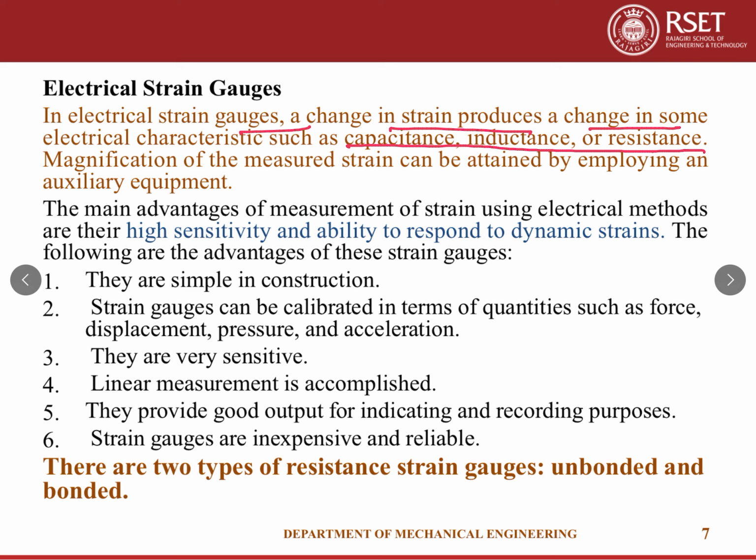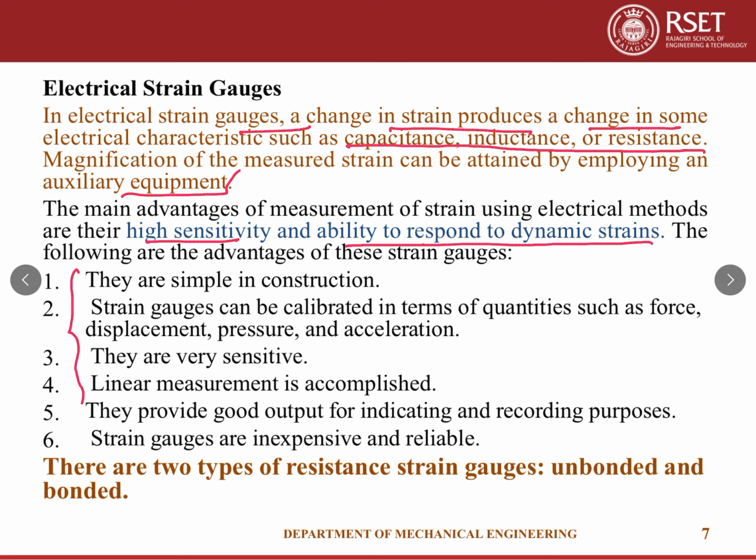The magnification of these strain can be attained by employing an auxiliary equipment. Compared to mechanical strain gauges, this requires an auxiliary amplification system. Main advantages of measuring strain using electrical methods are their high sensitivity. They are highly sensitive. Ability to respond to dynamic strain.